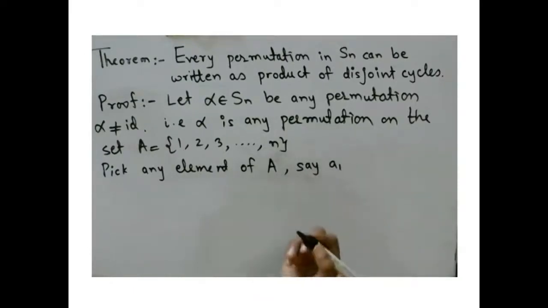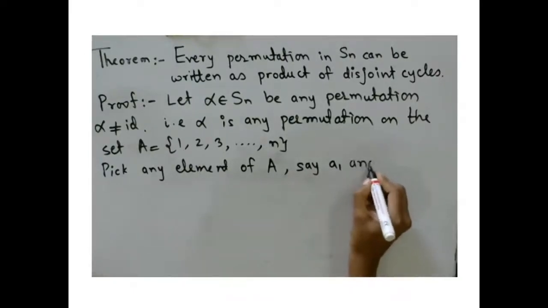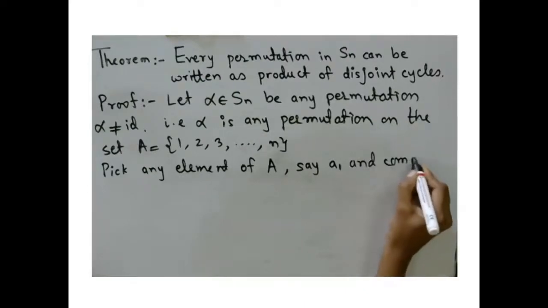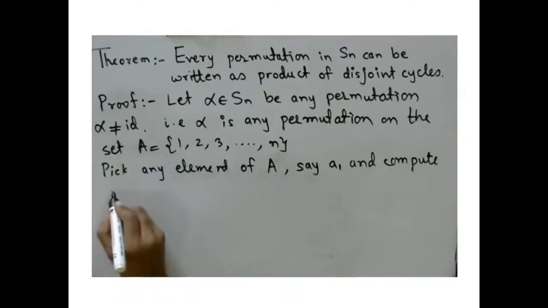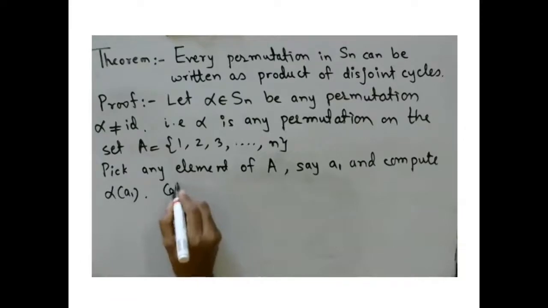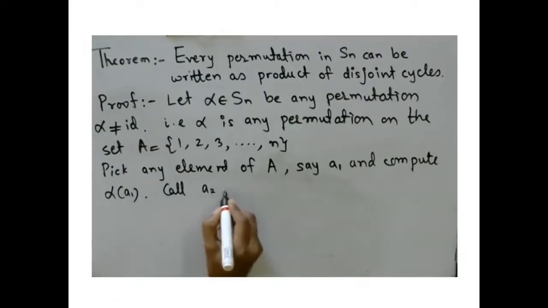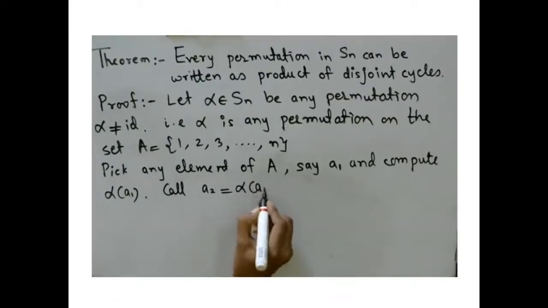So say A1, and compute where this A1 is mapping under alpha. That is, you have to compute alpha of A1. Call alpha of A1 as A2. A2 is equal to alpha of A1.